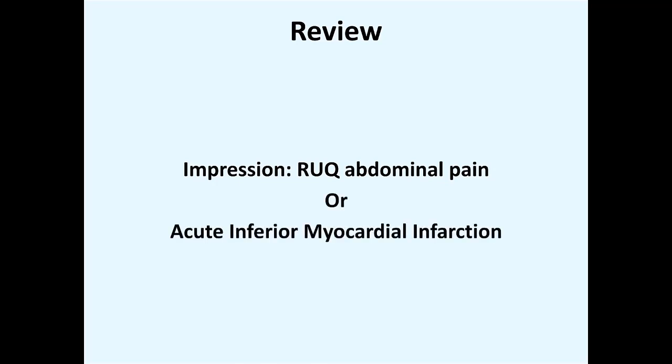Let's review. List your primary diagnosis as your most likely diagnosis, which is the reason for the emergency department visit. If you can, be specific in your diagnosis. List acute inferior myocardial infarction instead of chest pain. And remember, there is no need to include symptoms that are typically associated with your primary diagnosis. You don't need to list chest pain, nausea, or dyspnea with acute MI.